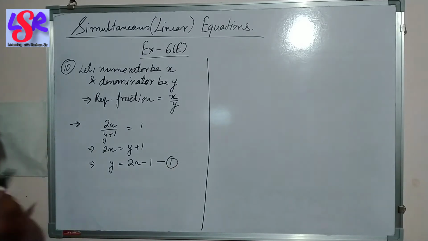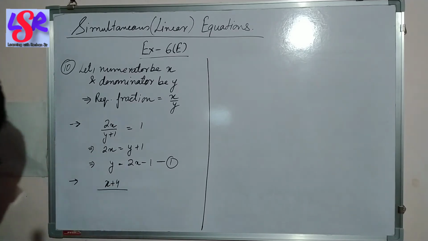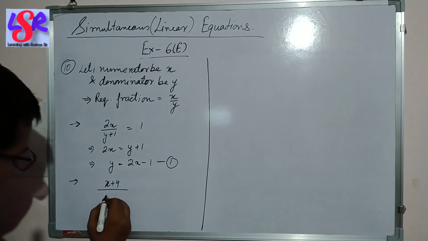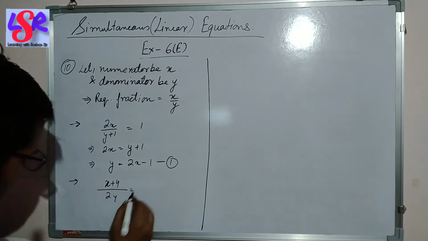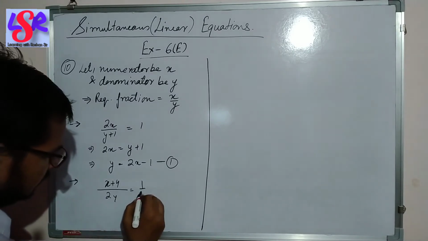Now for the second equation, it has been given that if the numerator is increased by 4, that is x plus 4 upon the denominator multiplied by 2, that is 2y, this becomes 1 by 2.